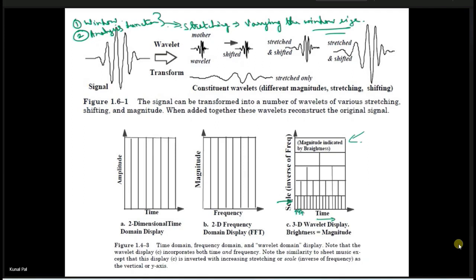As you go towards the lower frequency, the window size increases, and as you go further, the window size increases further. Are you getting my point? So due to this reason, wavelet transforms are an advanced form of joint time frequency analysis, wherein there is an automatic resizing of the window function while you are doing the frequency analysis.